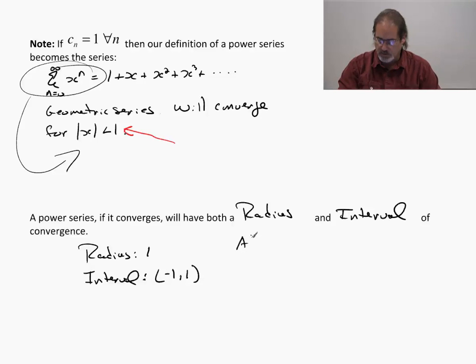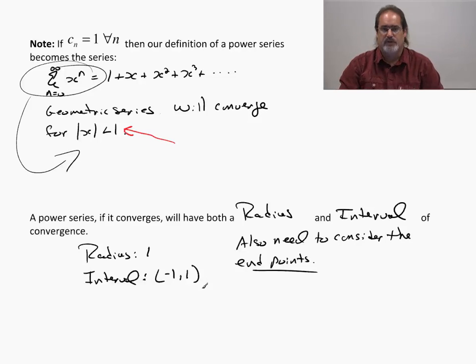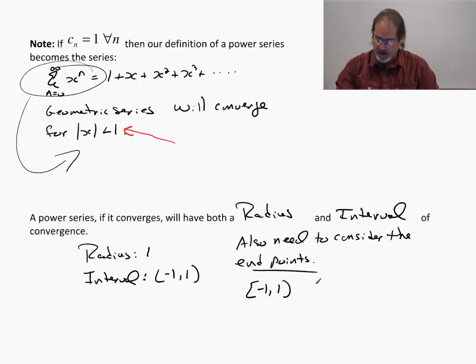Now we should consider, well actually we need to consider the endpoints. We know that it's going to converge on this open interval. What about the closed interval? We could have a situation where it may converge on the half open interval from -1 to 1, or on the other half open interval, or it could converge on the closed interval.